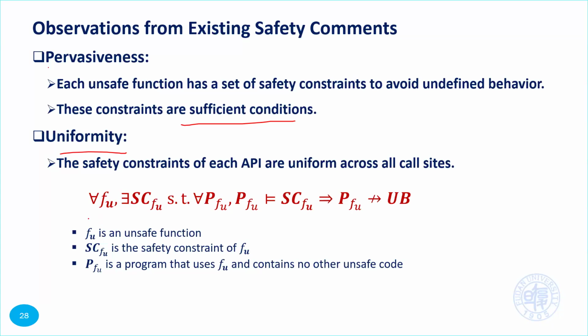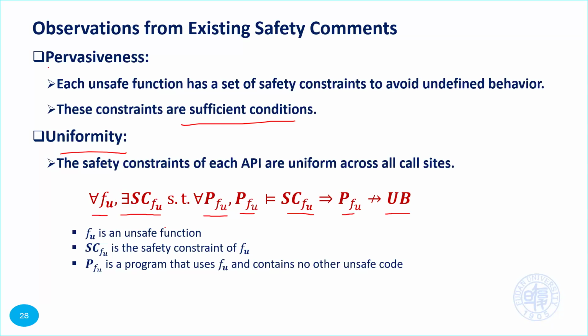So we can represent the two characteristics in this way. For all unsafe functions FU, there exists a safety constraint for the unsafe function such that for all programs that use the unsafe function and satisfy the safety constraint of the unsafe function, the program will not lead to any undefined behavior.